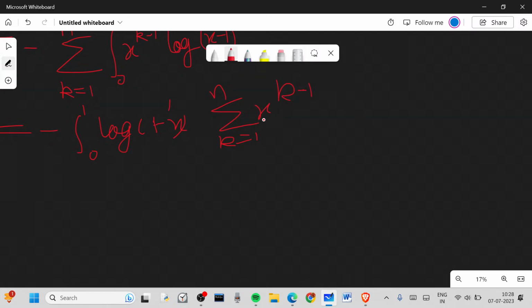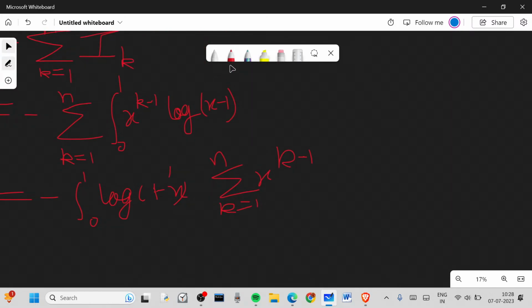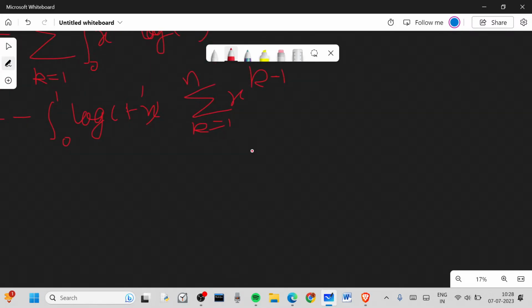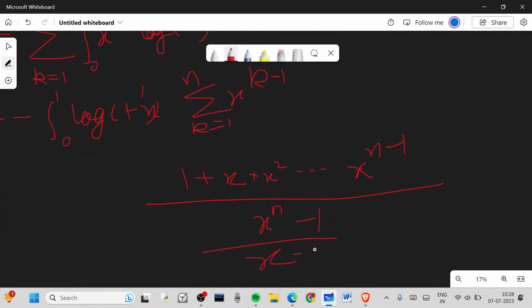Now, what does this mean? Till n, of course. It is basically 1 plus x square dot till x to the power n minus 1, and this is a well-known GP formula, x to the power n minus 1 by x minus 1.